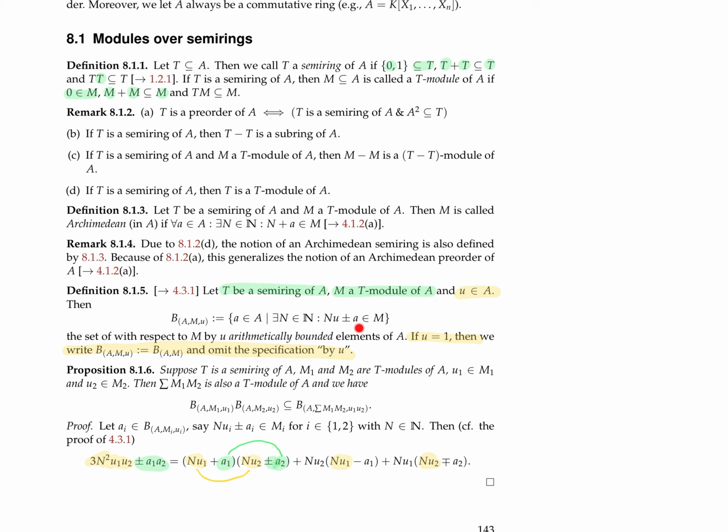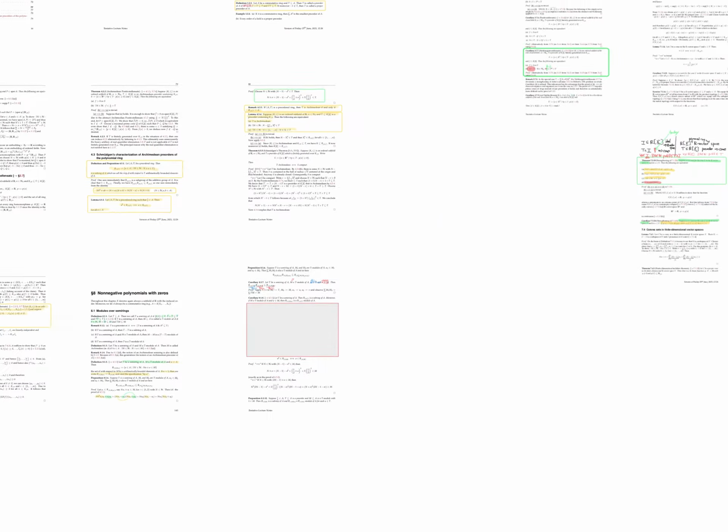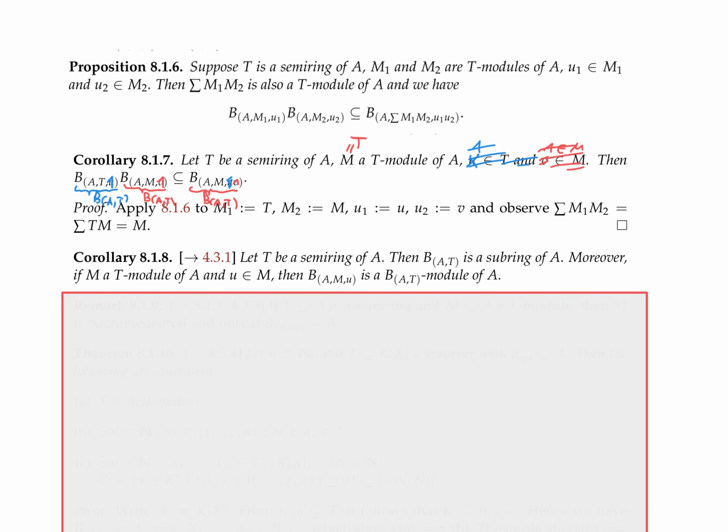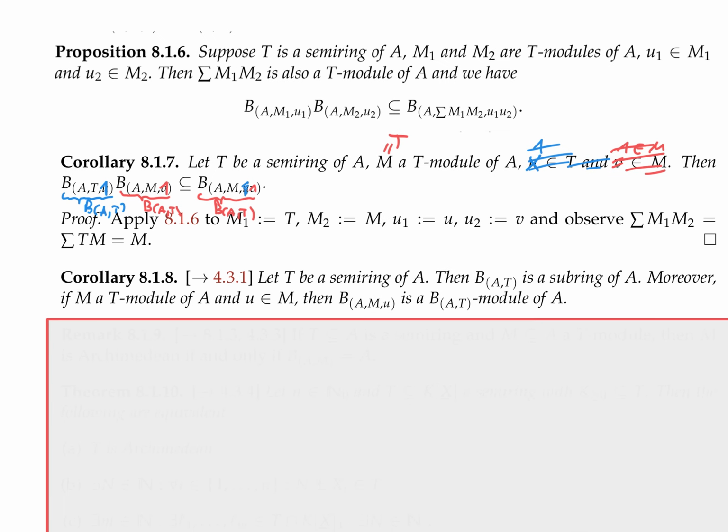That's clear because if nu plus minus a lies in M, then nu minus plus a lies also in M. And so it also contains 1, so 1 plus minus 1 lies actually always in T, right?